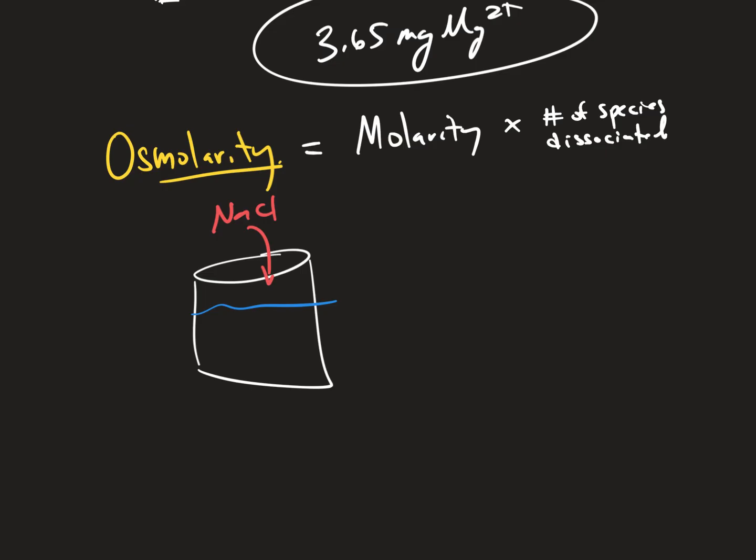It dissociates into sodium and chloride. You with me? So how many species dissociated? We got 2. So this went into 2 species. If you like that word, I don't know if I like that word. Okay, two particles, right? And so that's what we're talking about.